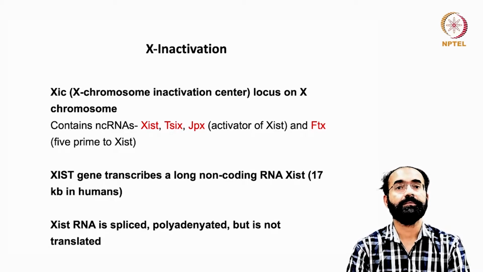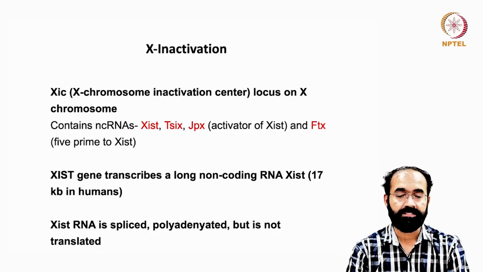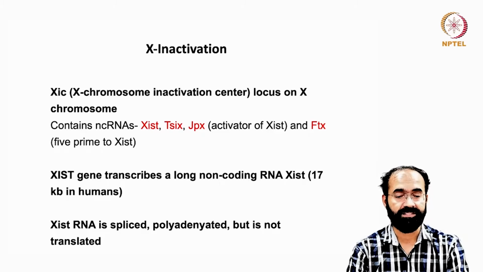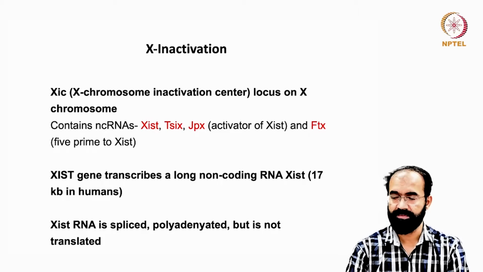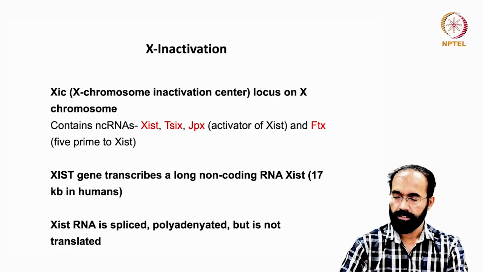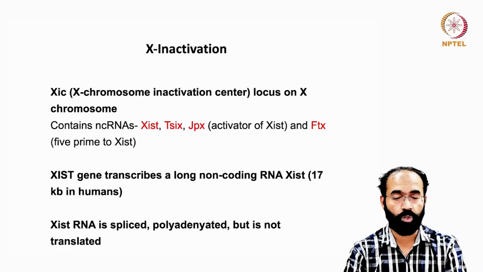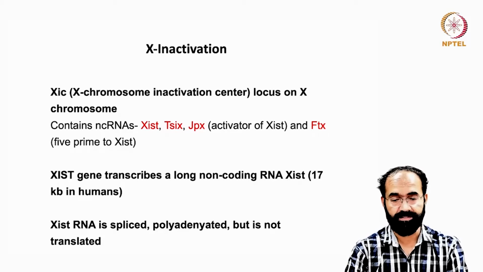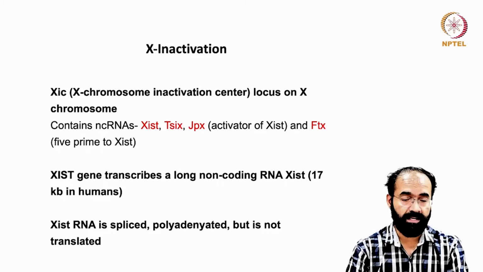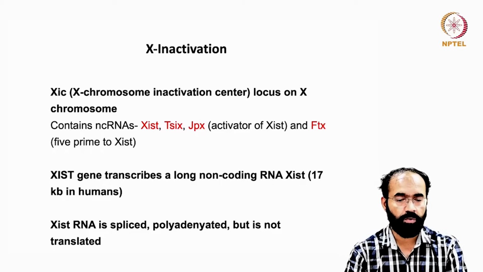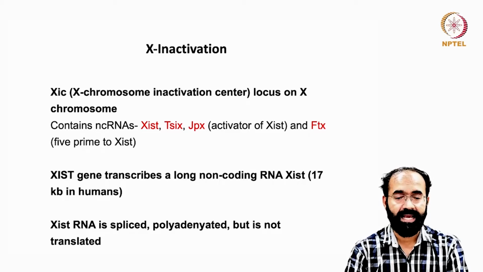It contains several non-coding RNAs, called Xist, Tsix, JPX, which is the activator of Xist, and FTX, which is 5' to Xist. So Xist, we know, is X inactivation specific transcript, and we also know Tsix, which is the antisense strand, and JPX is a non-coding RNA that is called activator of Xist, and then FTX is another non-coding RNA that is 5' to Xist. So these are all the main four non-coding RNAs found in the X chromosome inactivation center, or XIC.